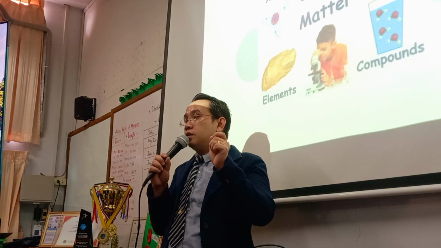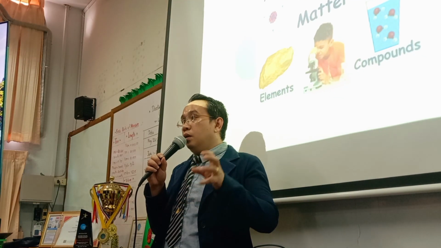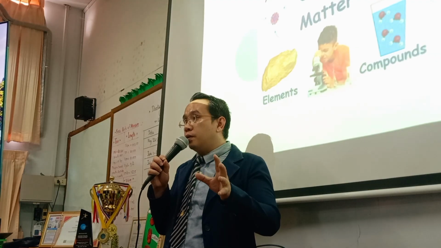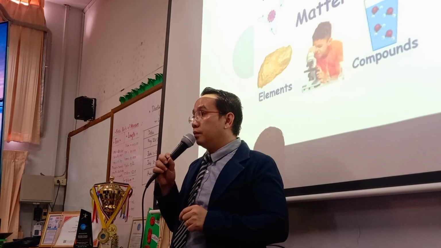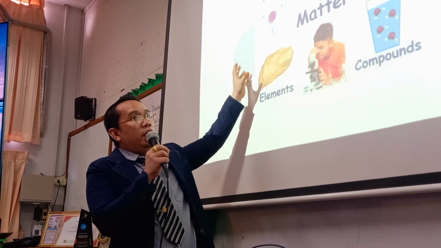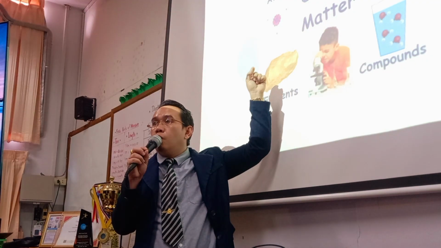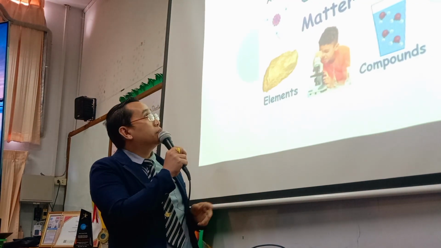So an atom is a building block of matter. Okay? Molecules are compositions of different groups of atoms. Right? So, therefore, we are able to identify what elements and compounds are.